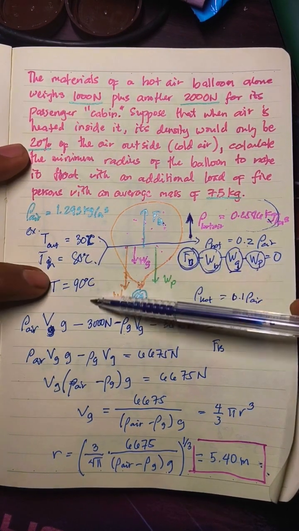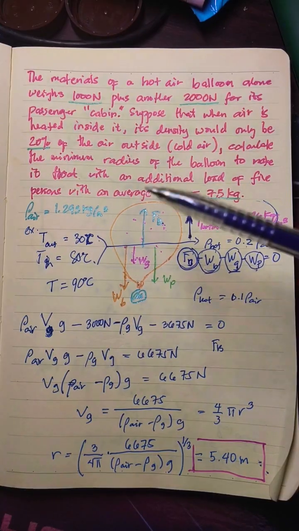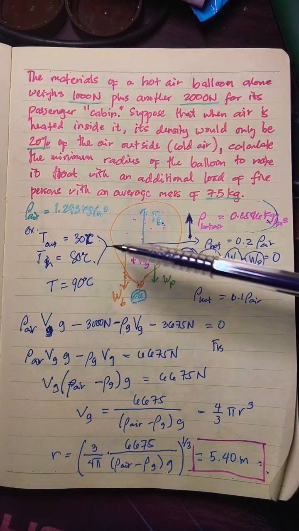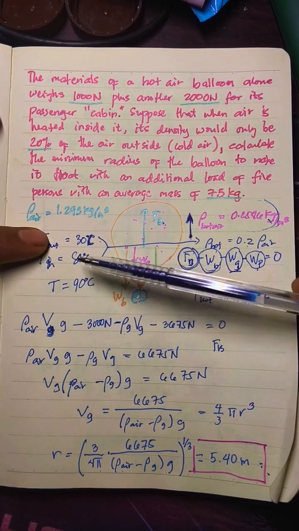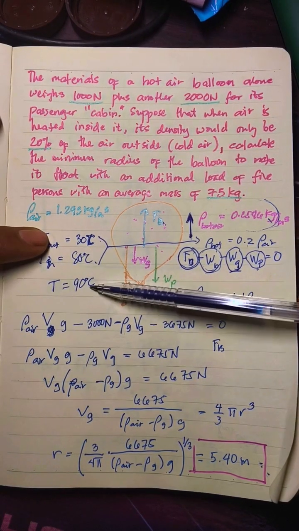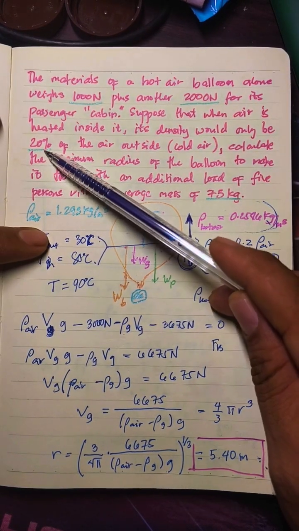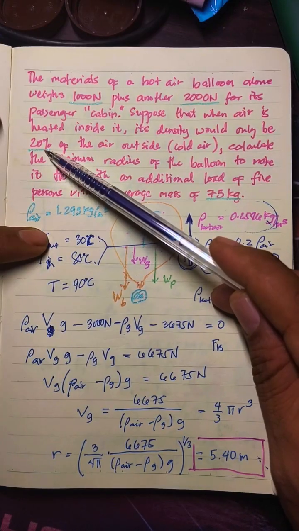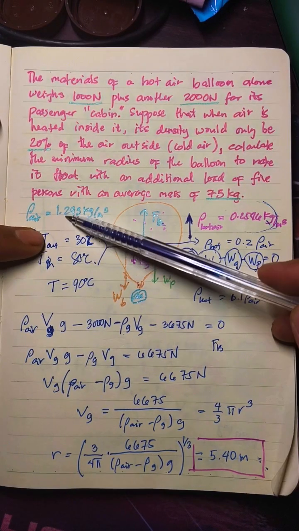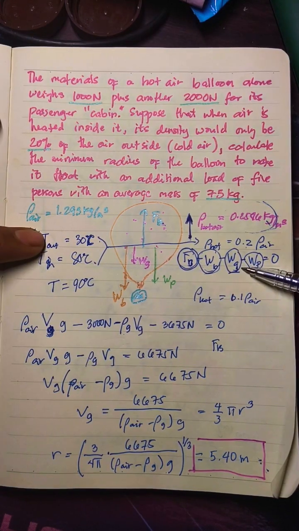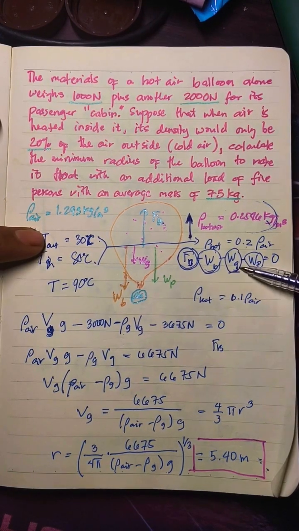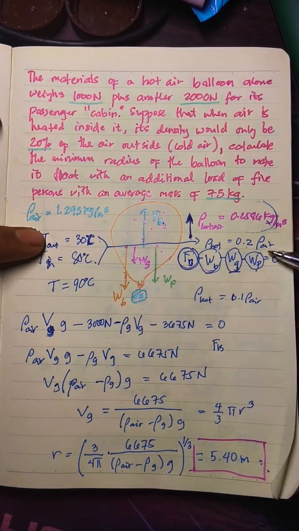If we increase it to 90 or to 100 or whatever temperature that we wish to, of course, there's a limit to that. But let's just assume that there's no limit. Then this will decrease much further. And decreasing this will decrease WG. And decreasing WG will cause an acceleration here.